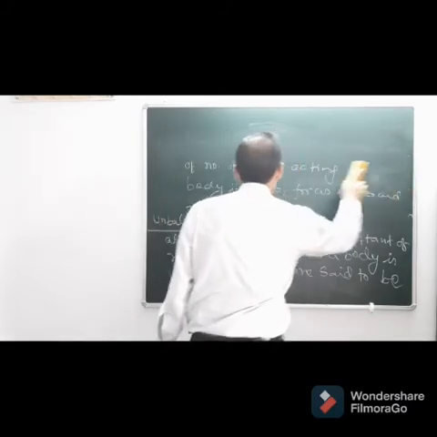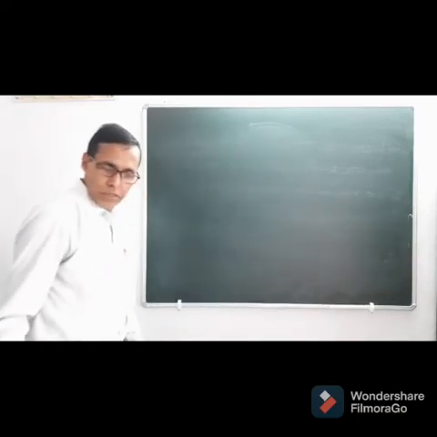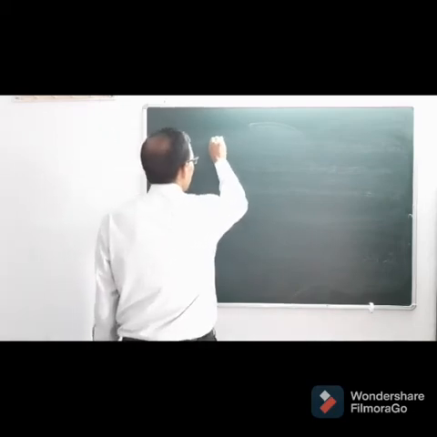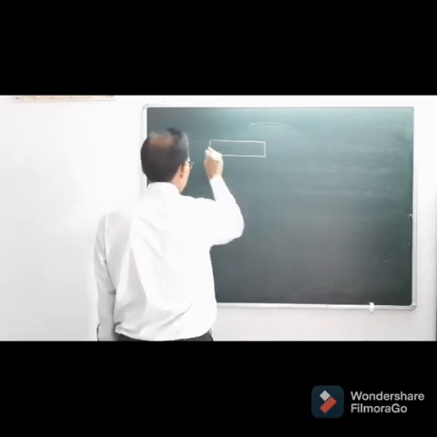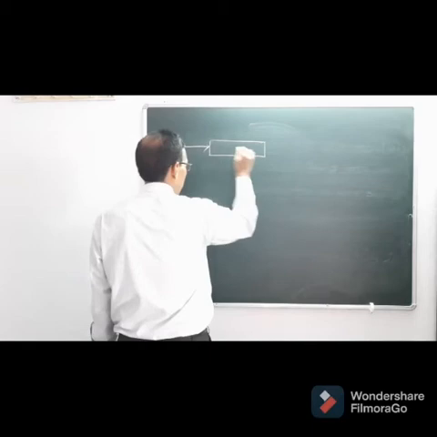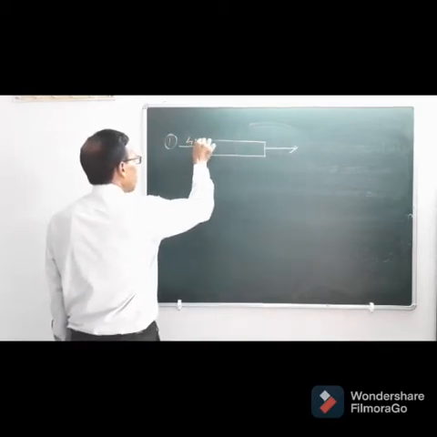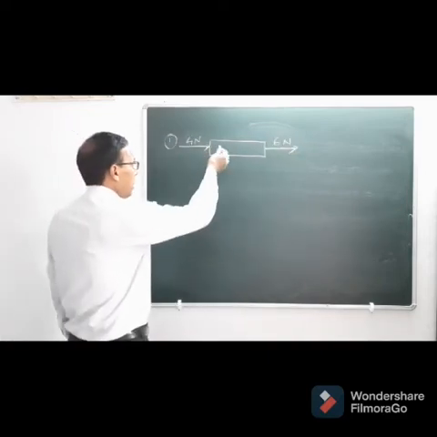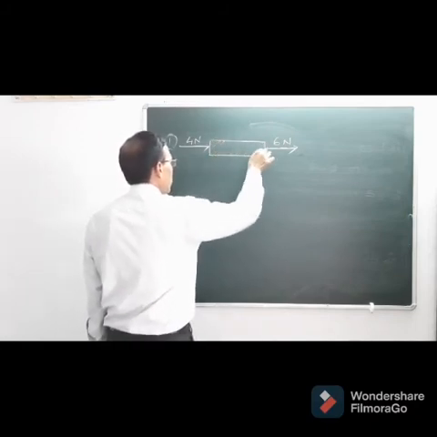Now we illustrate with some examples when it is said to be balanced forces or unbalanced. In the first case, if two forces of magnitude 4 Newton and 6 Newton act on a body in the same direction, then what is the resultant of these two forces?